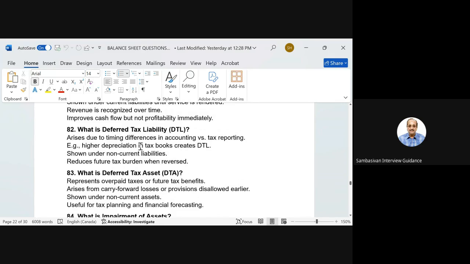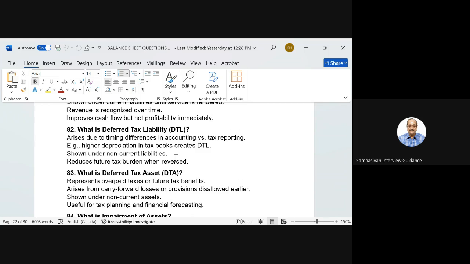It arises due to timing differences in accounting versus tax reporting. Higher depreciation in tax, for example, they charge depreciation for a longer period. So as on 31st March, it is not an expenditure to be accounted for by us, so they have charged extra depreciation.